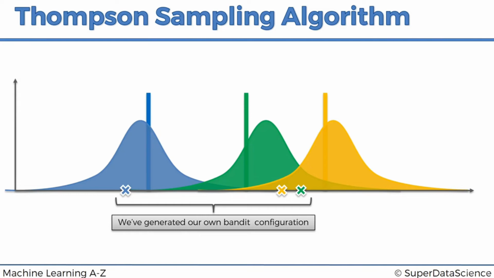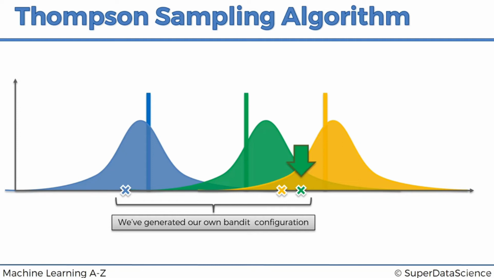So we have created this hypothetical or imaginary set of machines in our own virtual world, where we're saying, okay, the actual expected return for the blue machine is this value, the actual expected return for the green machine is this value, and the actual expected return for the yellow machine is this value. So we've created this pseudo world or hypothetical virtual reality in which we have our own three bandits. And now we're going to solve this problem.